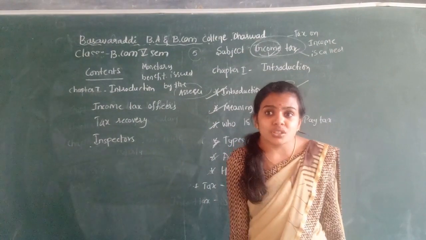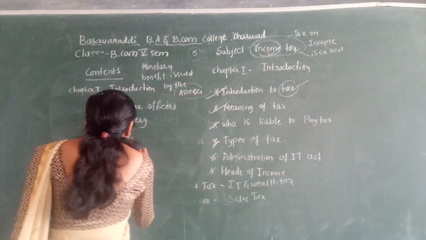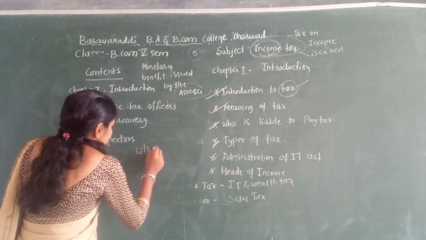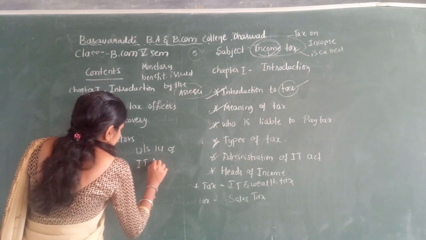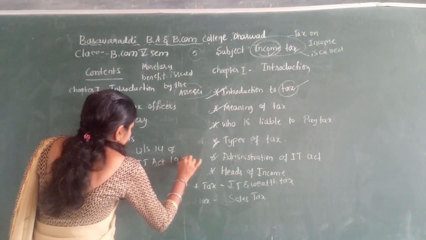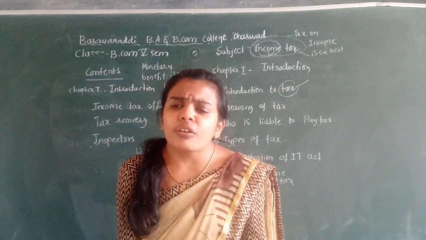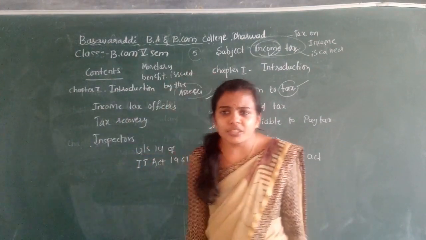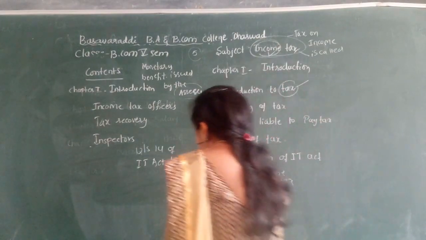According to section 14 of the Income Tax Act 1961, there are the following heads of income under which the total income of a person is calculated or computed.